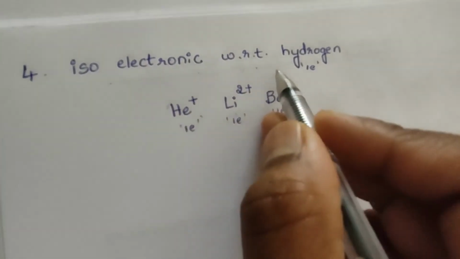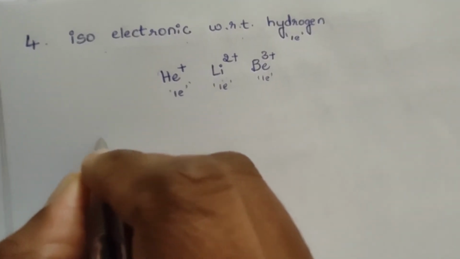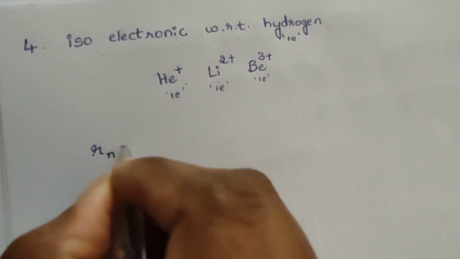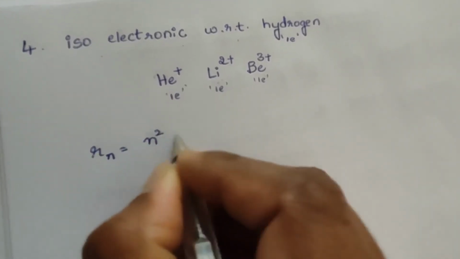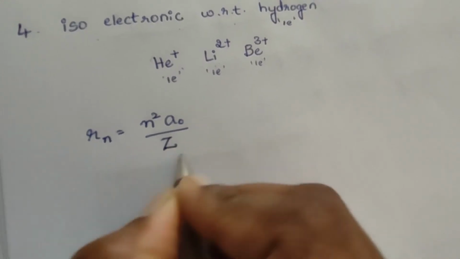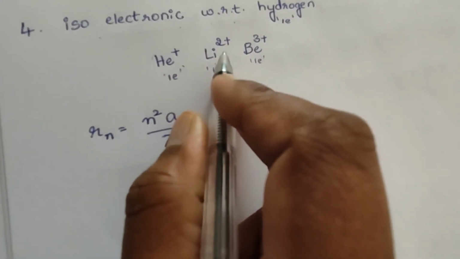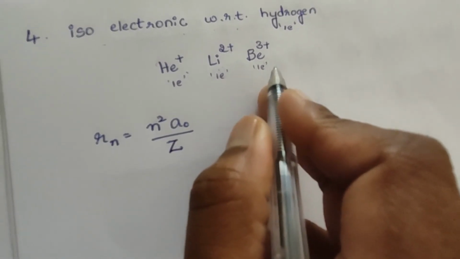For these species, to calculate the radius, we use the formula given by Bohr: Rn is equal to n square a naught by Z. Z is the atomic number of these species. For helium it is 2, for lithium it is 3, for beryllium it is 4.